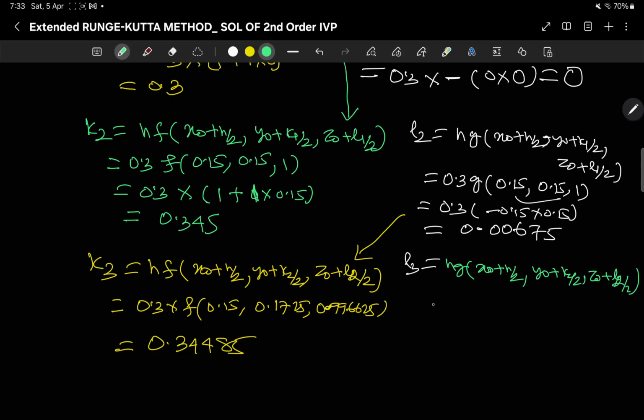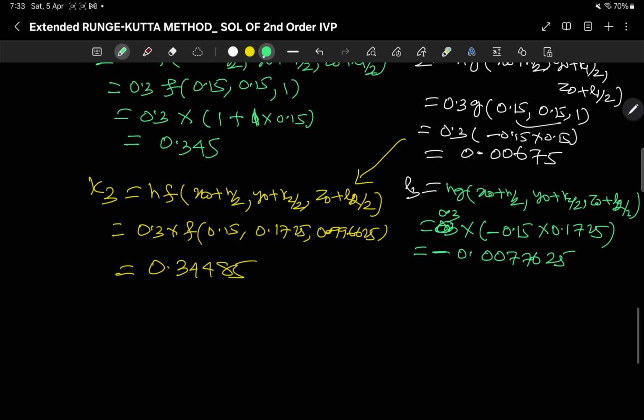Okay, likewise if I simplify it, it will give me 0.3 into minus of 0.15 into 0.1725. So this is 0.3, so this will give me minus 0.0077625.